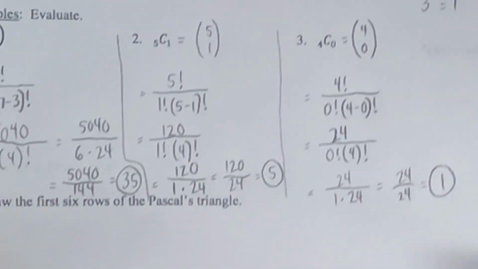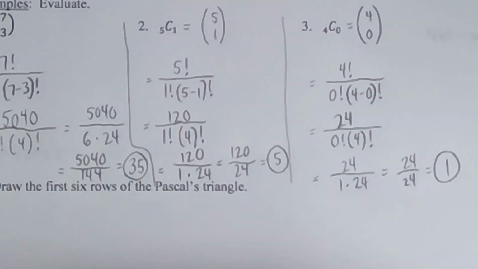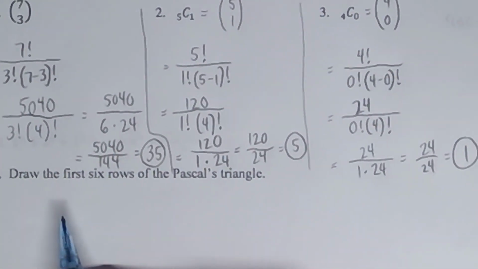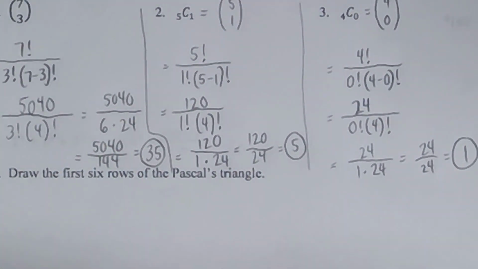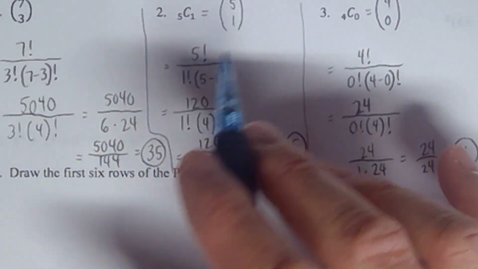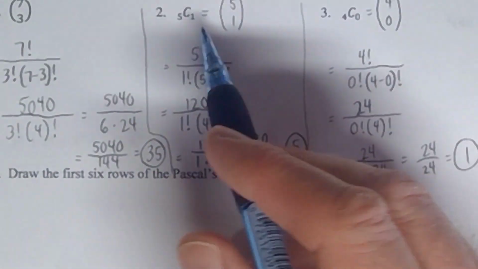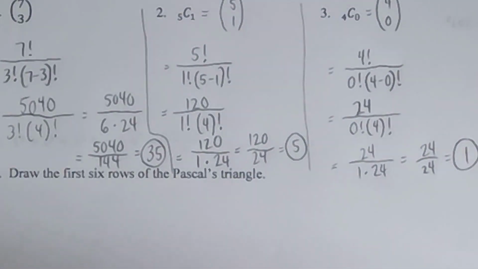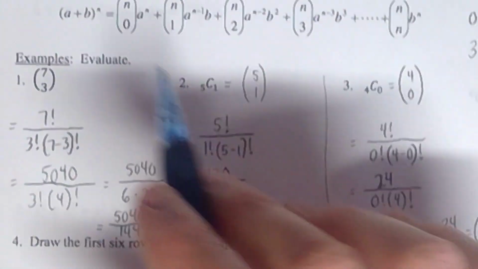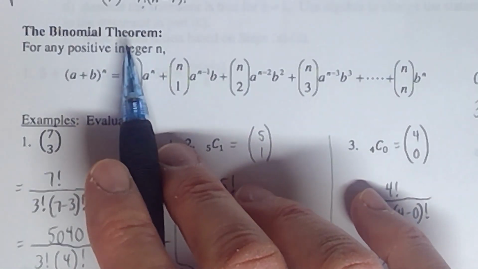Next thing here is this thing called Pascal's triangle, and Pascal's triangle is going to help us figure out all of these skinny brackets here, where you choose a certain number out of a group. Okay. And that's really going to help us when we get ultimately to the big thing from this section, which is the binomial theorem.